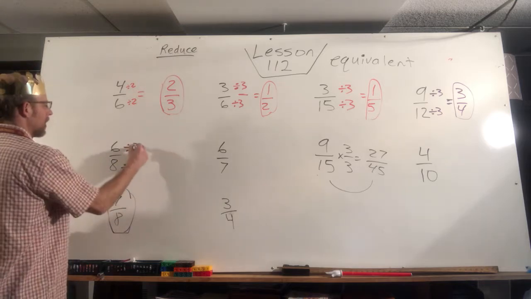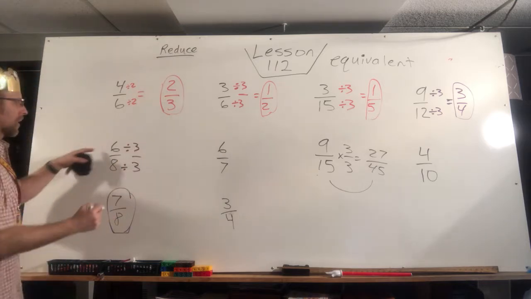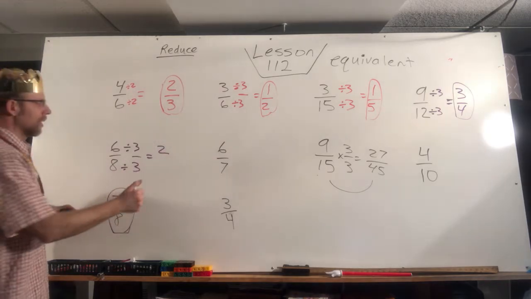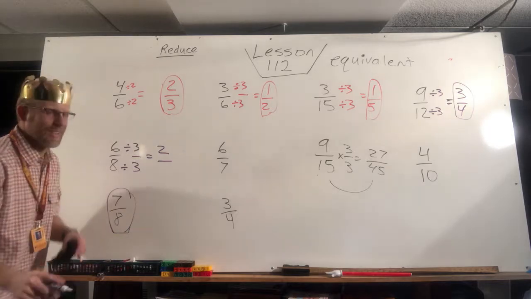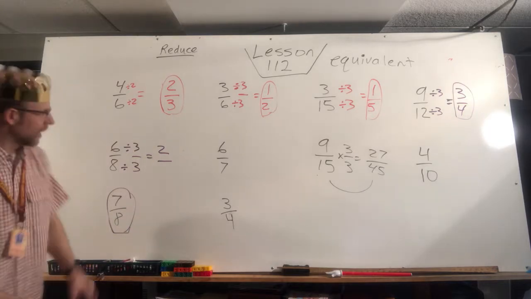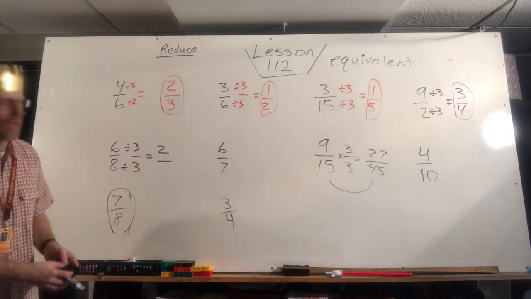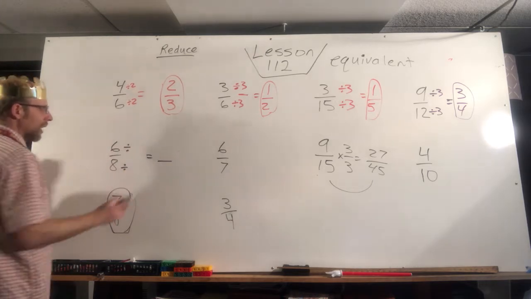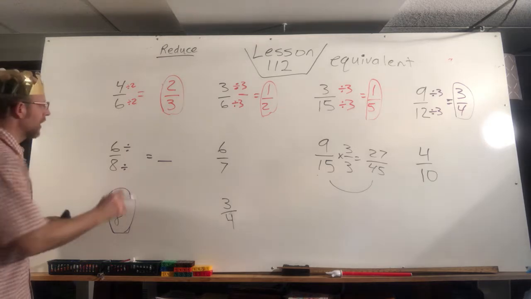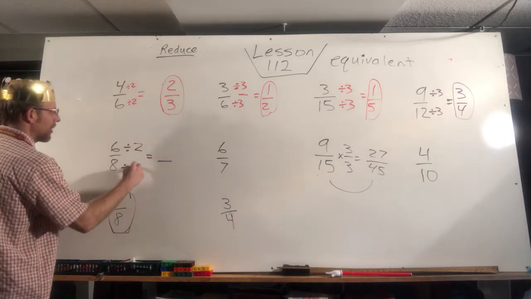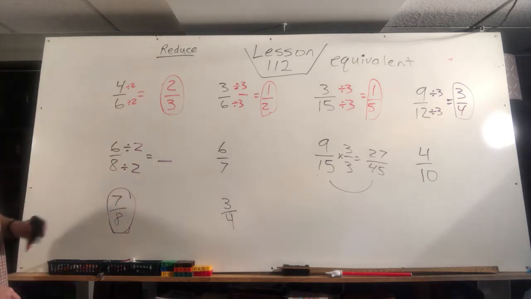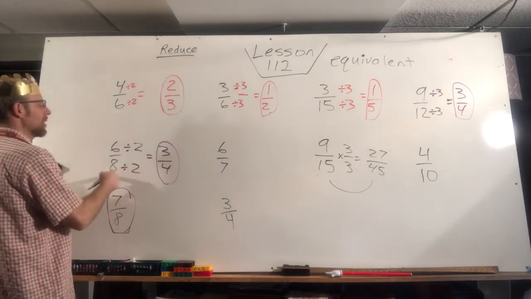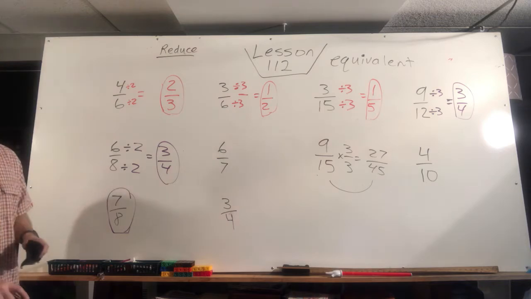I'm going to divide by 3. 6 divided by 3 equals 2. 8 divided by 3, it doesn't go in evenly. So right away I know I can't use a 3, because whatever I do to the top, I do to the bottom. So instead I have to use a 2, because they're both even. So 6 divided by 2 is 3, 8 divided by 2 is 4. 6/8 and 3/4 are the same thing.